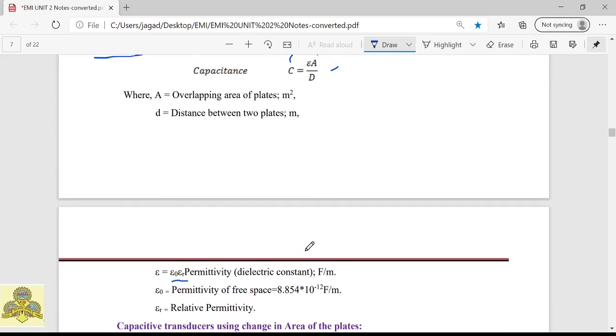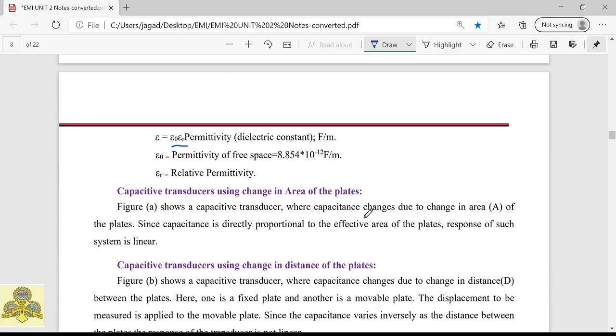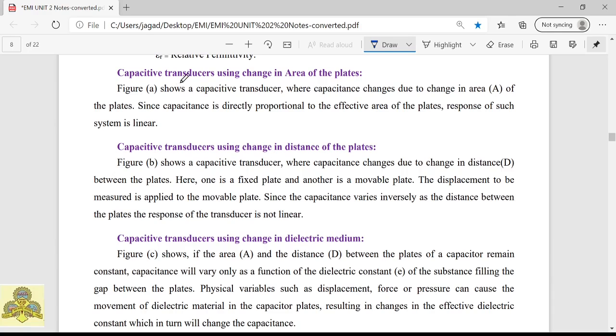Let's see how we can use this capacitance principle to measure pressure or displacement. We have three cases. What are those three cases? First, a capacitive transducer using change in area of plates.